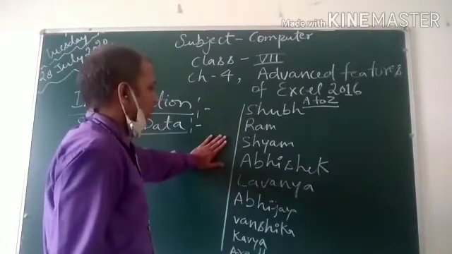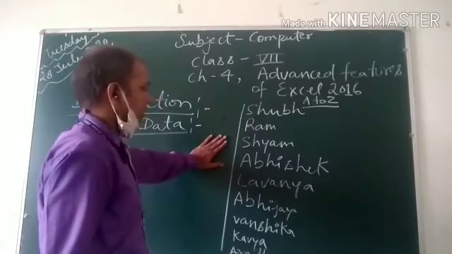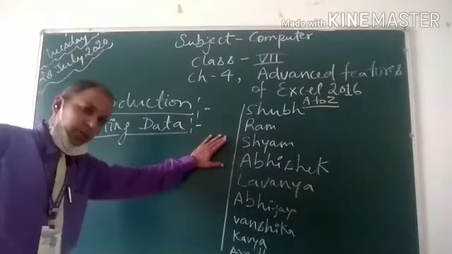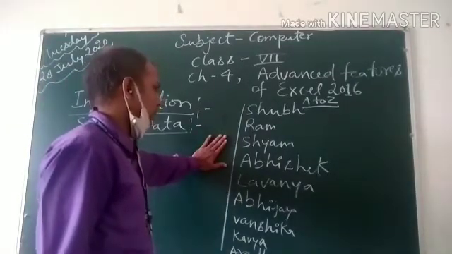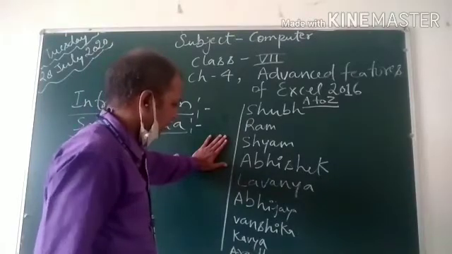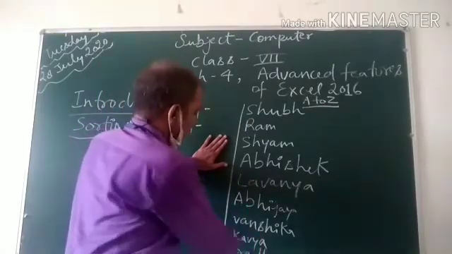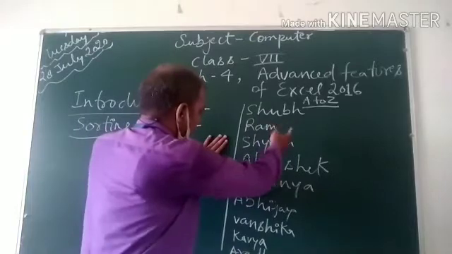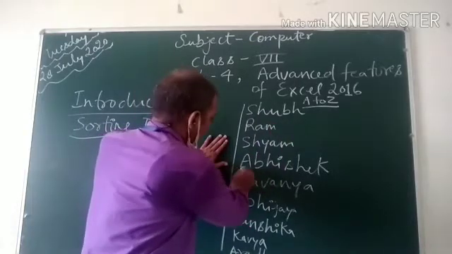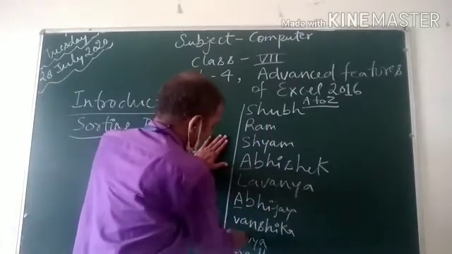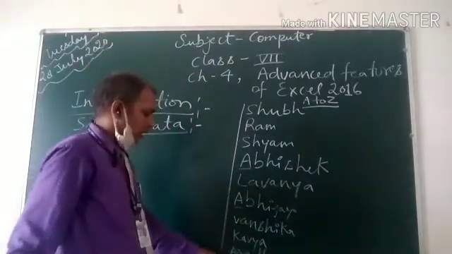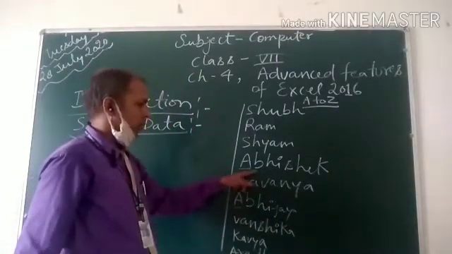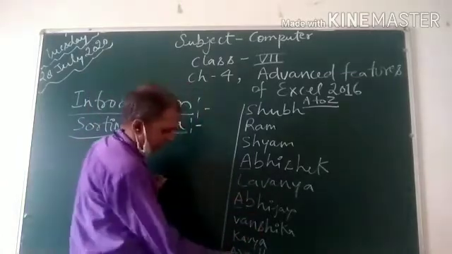Here the computer will decide which comes first, but before the computer, think like a human. A to Z means the letter A will come first. Among the three A names, Aradhya, Abhishek and Abhijay, all start with A, then B. Aradhya will not come first.